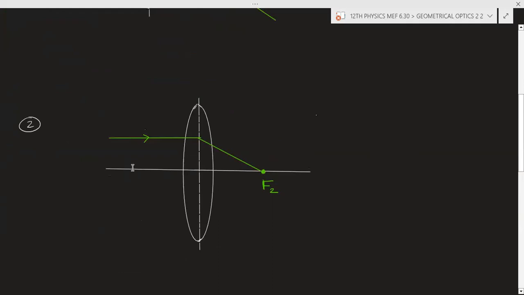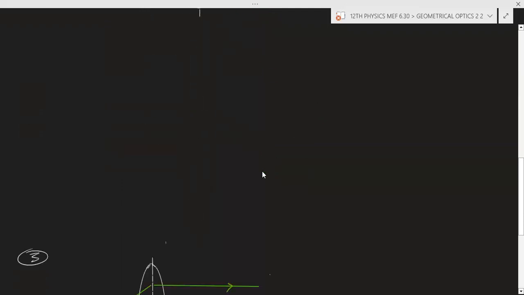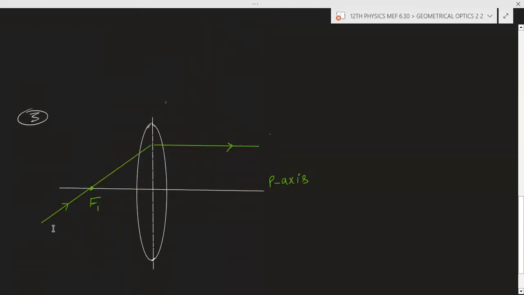If a ray of light is parallel to the principal axis, after passing through the lens, it will pass from the focus. If a ray of light is passing from F1, after passing through the lens, it will become parallel to the principal axis.